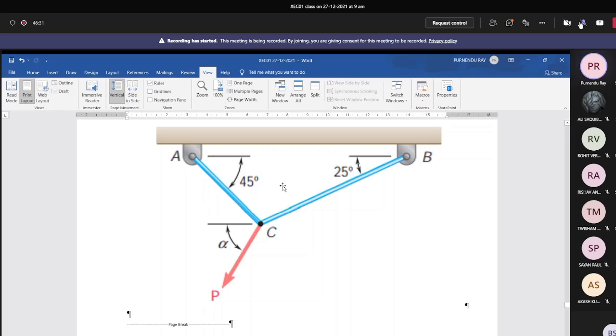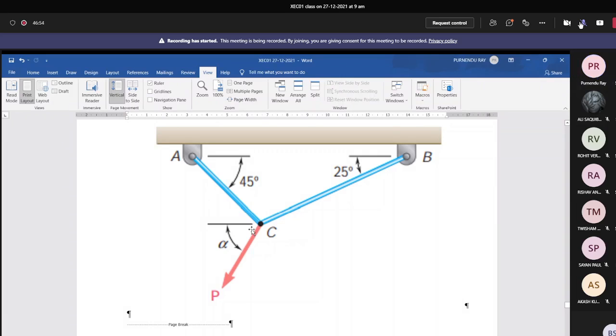For these given 45 and 25 degree angles, what are the forces developed? Now, if P and alpha both are unknown, then definitely the other two things must be known. That means the member force BC and member force CA must be given. Because for this situation, we can write down only two independent equations, so we can solve only two unknowns.